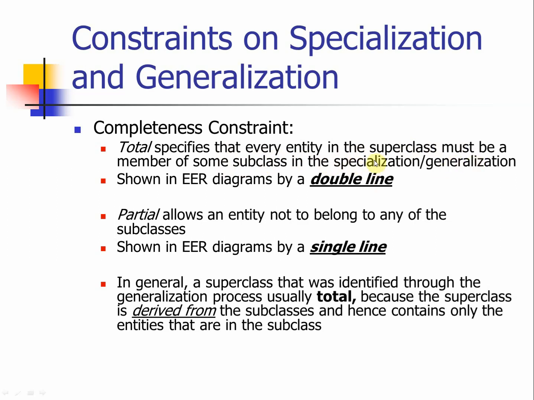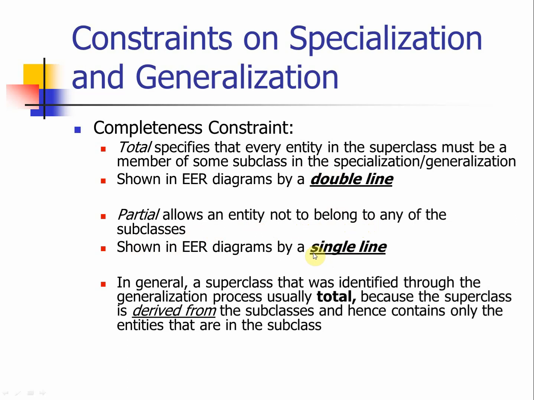For example, every employee must be either a salaried employee or an hourly paid employee. So we put a double line over there. They have to participate in these choices. Partial, with a single line, indicates that an entity need not belong to any of the subclasses. So that is the idea of the single line and double line.